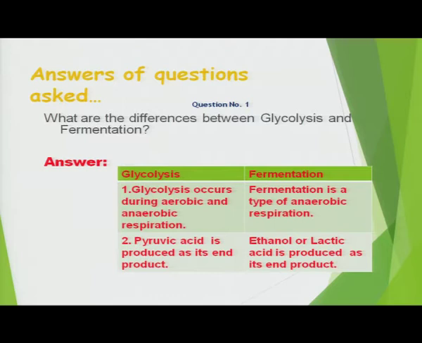In both cases, glycolysis is the common pathway, and fermentation is a type of anaerobic respiration. The next difference is that pyruvic acid is produced as the end product of glycolysis, whereas the end product of fermentation is ethyl alcohol, that is ethanol, and lactic acid.